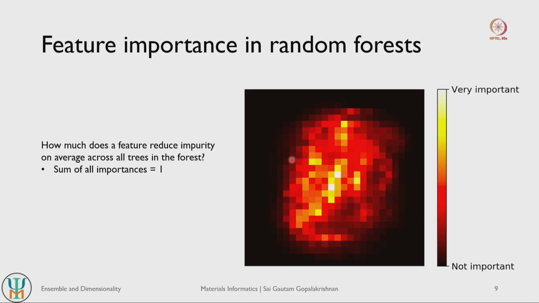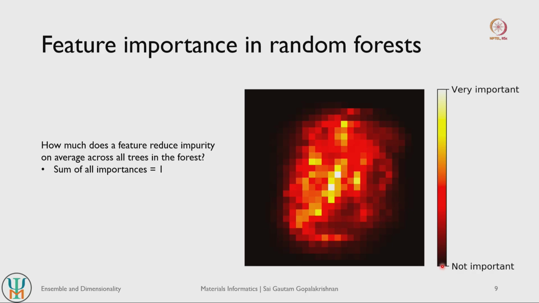Okay. Another fairly important thing that comes up with random forest is the importance of different features. Let us say you have a collection of features that are contributing to your overall predictions, and you want to understand the importance of some features with respect to other features. You can create these very nice heat maps.